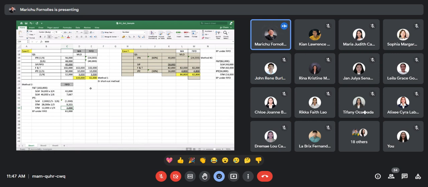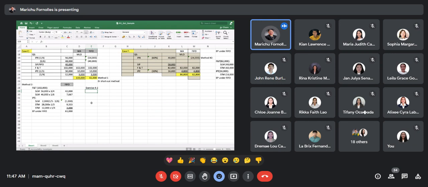So to answer exercise 4-2, the difference between the EUP under weighted average and the EUP under first in, first out is your EUP in IPB.